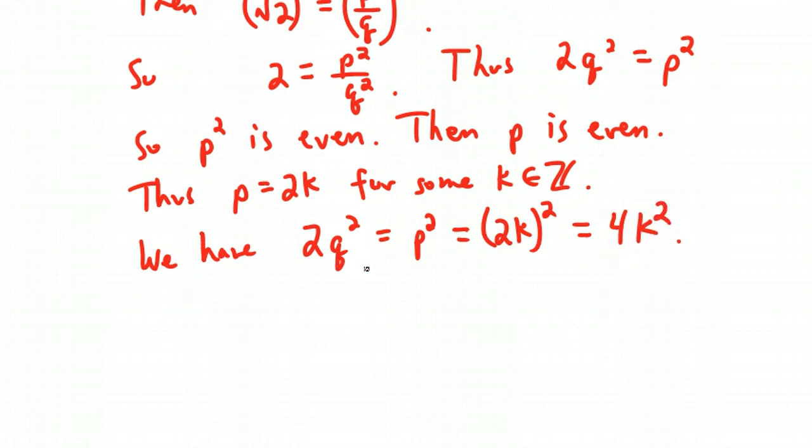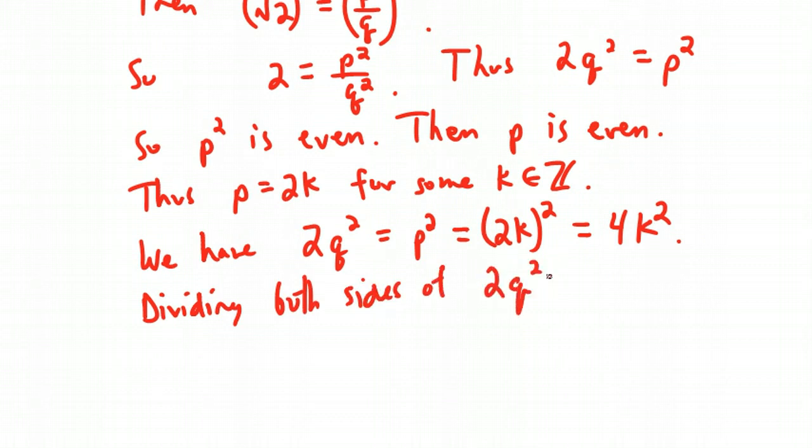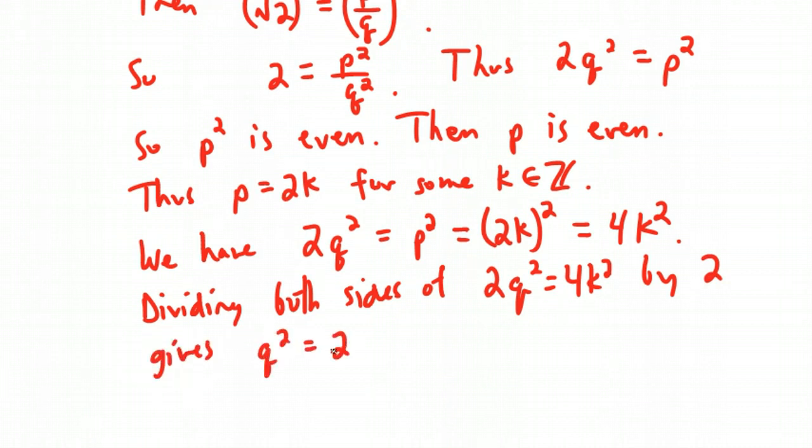So we have 2q squared equals 4k squared. Dividing both sides of this equation by 2 gives that q squared is equal to 2k squared.